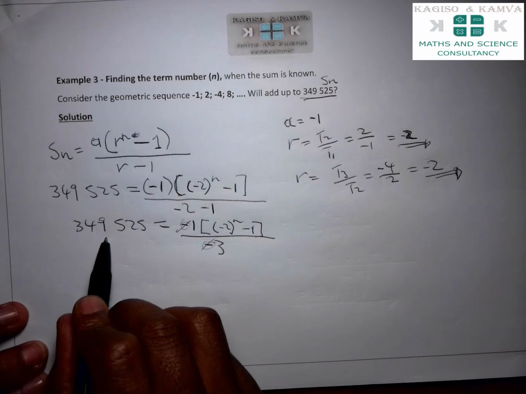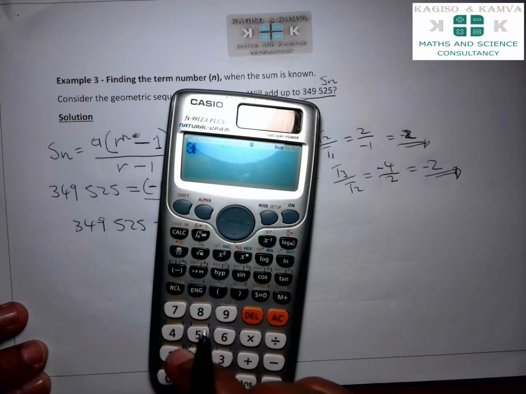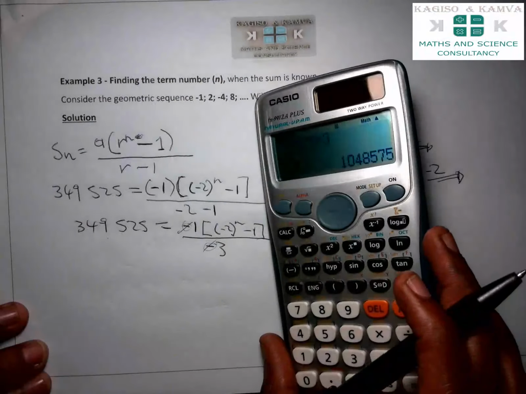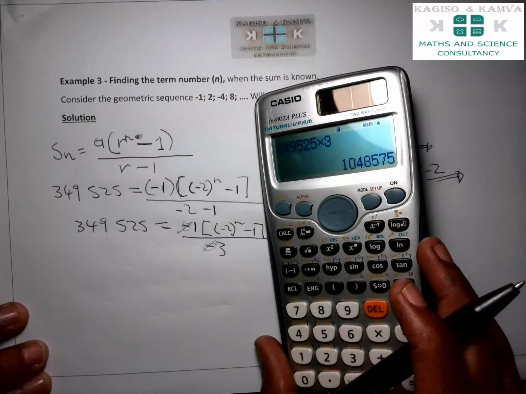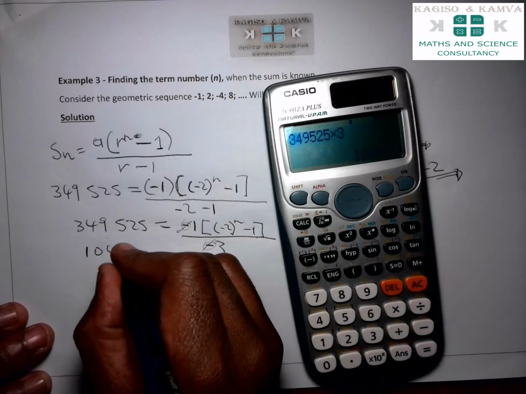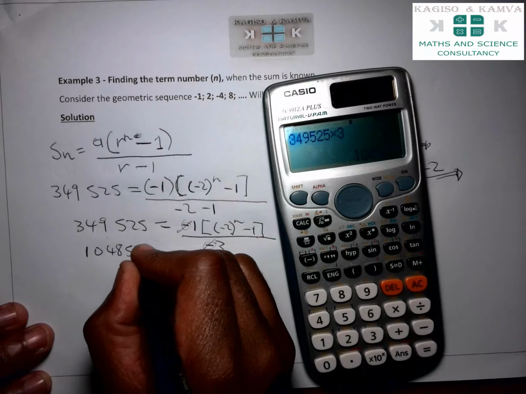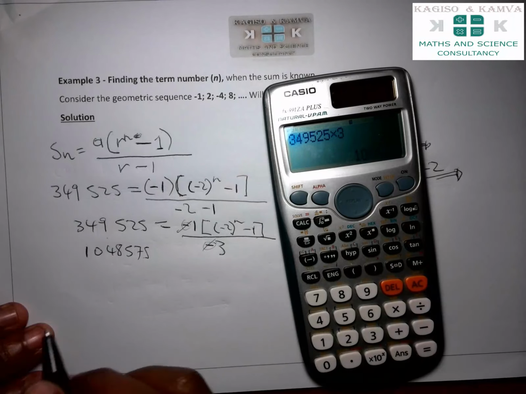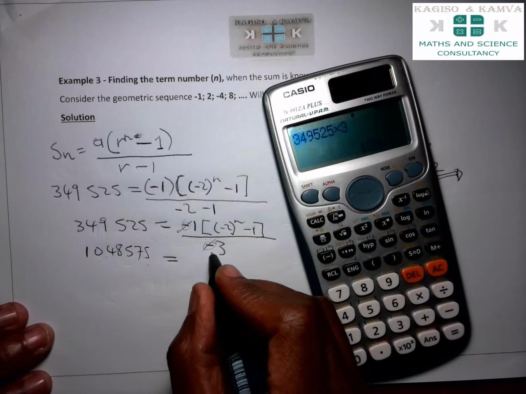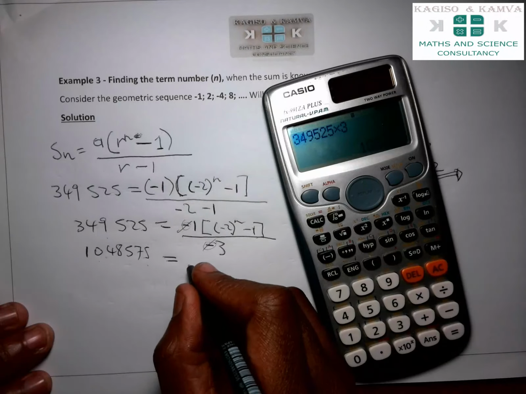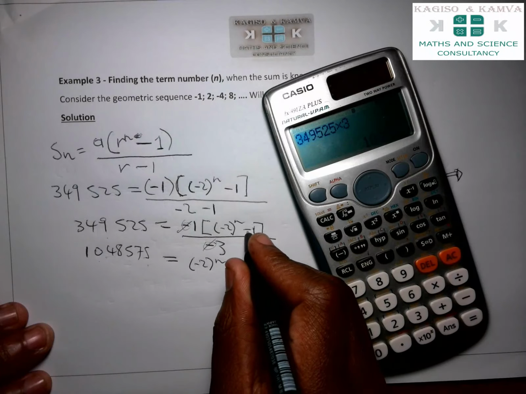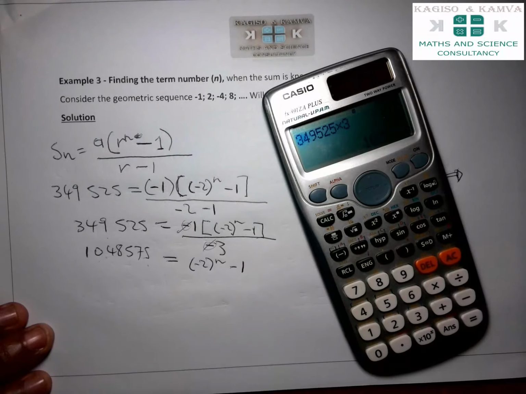And 3 times that, we're going to say 349,525 times 3. This is going to be 1,048,575. This is going to be equal to -2 to the exponent n minus 1.